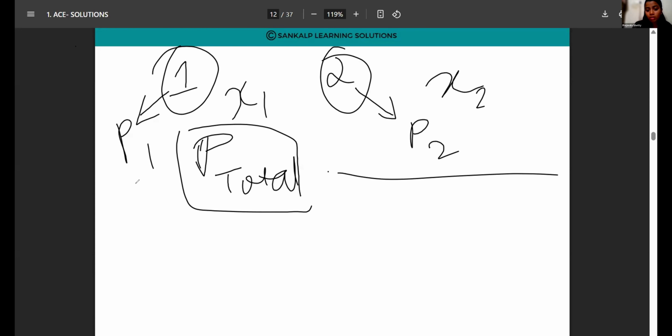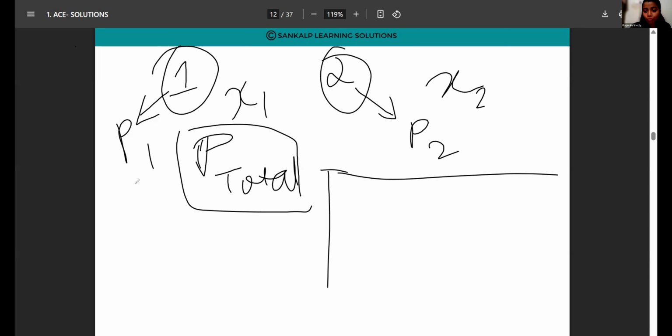You should remember what Raoult's law is so that you can understand why I told you about P1, X1 and P total. The relationship between these partial pressures and mole fractions is known as Raoult's law, but the exact statement I'm going to tell now.